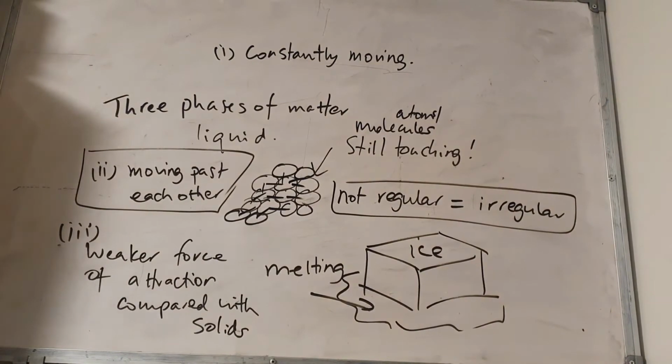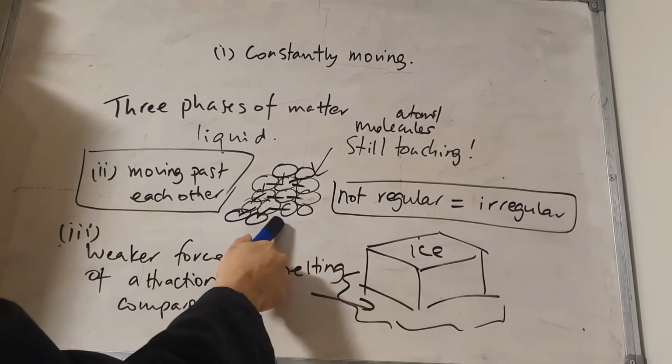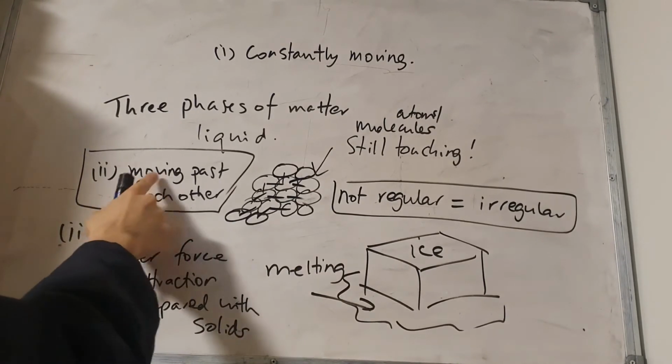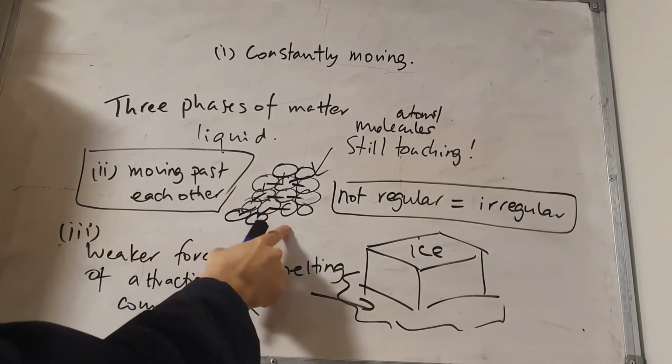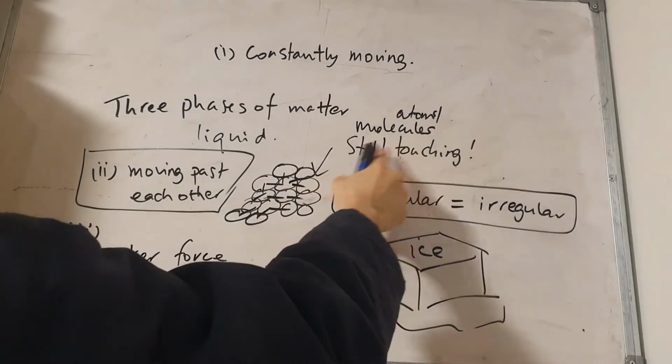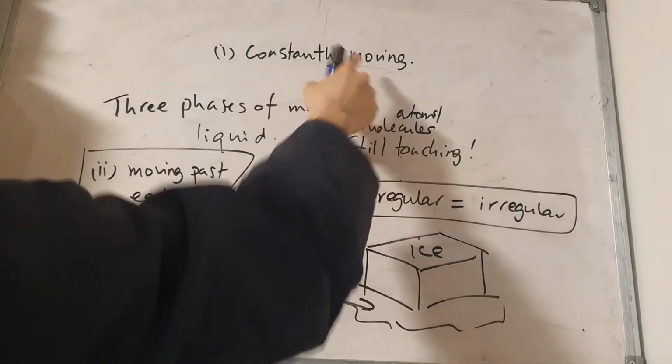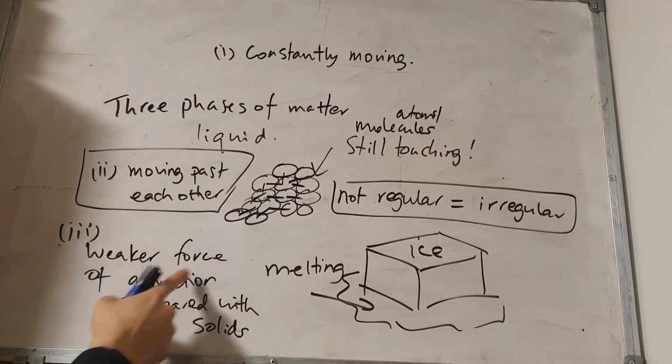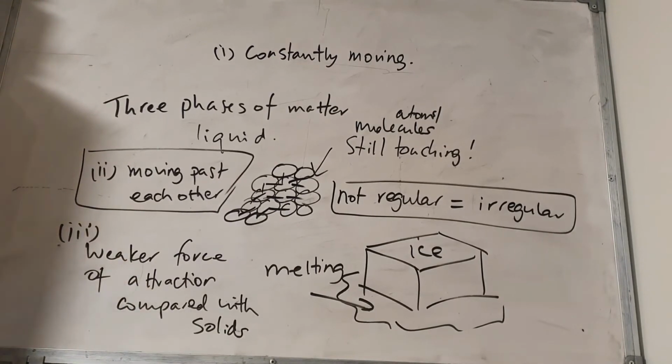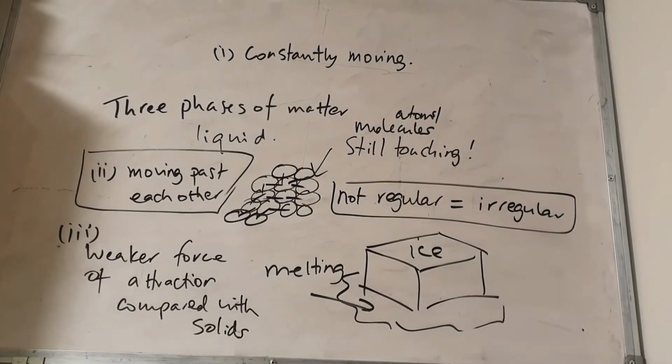The atoms can slide past each other. Although they are still touching, they're constantly moving, and the forces of attraction are weaker compared to a solid.